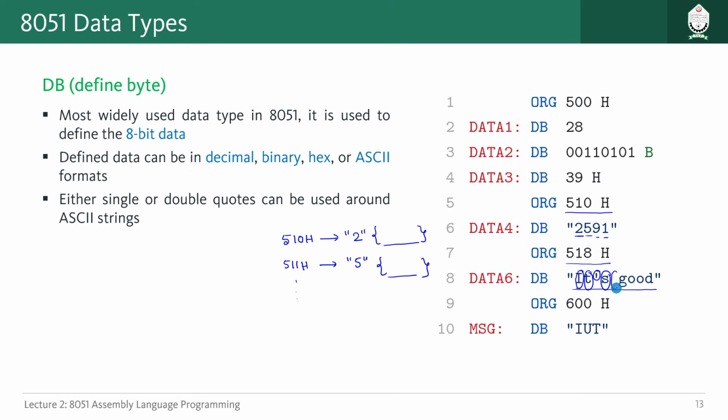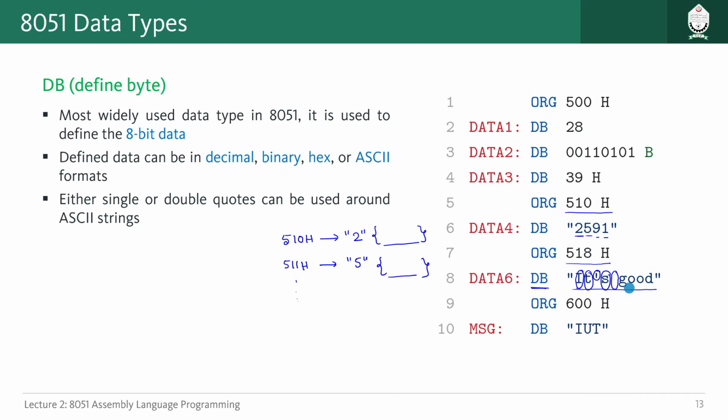If there is a space here, that will also be considered as an ASCII character, so it will be saved onto a particular location, but sequentially one by one, right? So even though DB is meant to be an 8-bit data type, all of them will be considered as separate DB, and they will be stored on a specific location of ROM, right?